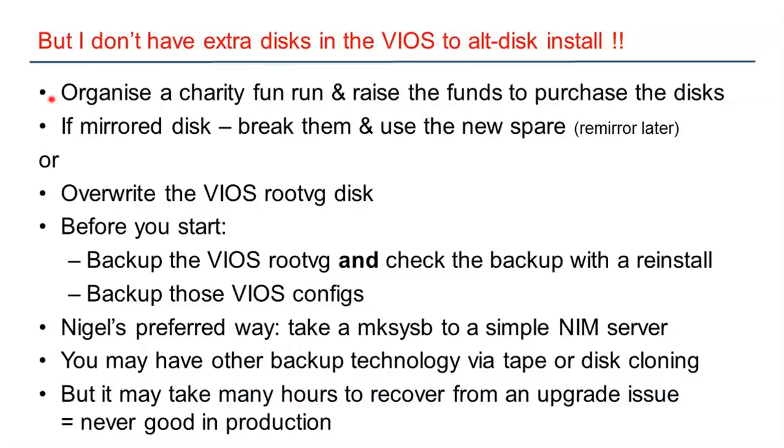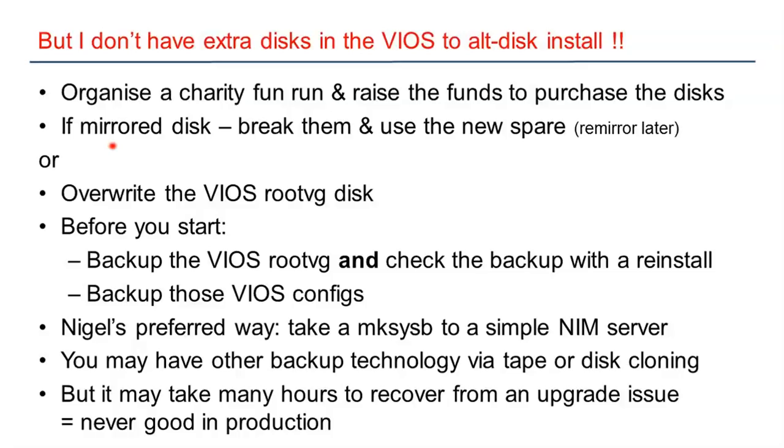And it's a very quick parachute. It means that if it all goes wrong, you can get back to the old VoServer in 3 minutes at maximum, guaranteed to work, take you back to your previous level. If you've got mirrored disks, but no alternative one, you can break your mirror and use the new spare.